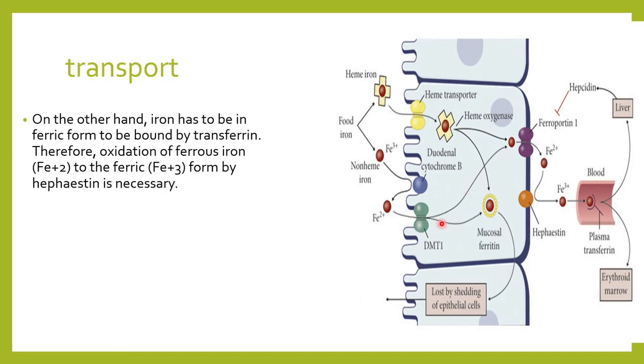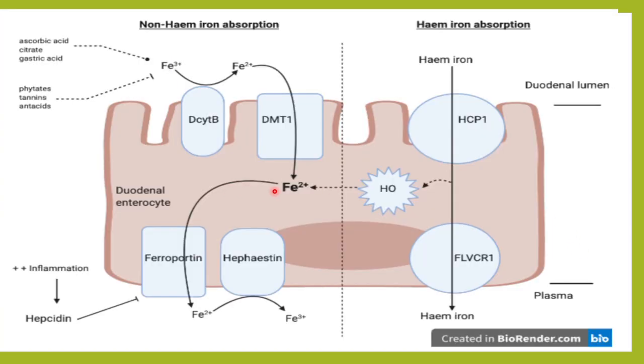Now when the iron comes out through ferroportin, it has to be taken up. To take it, there has to be a protein, and that protein is called transferrin. Transferrin is a protein, and it binds to iron. For it to bind to iron, the iron again has to be in the ferric state, and for this you need something called hepcidin.